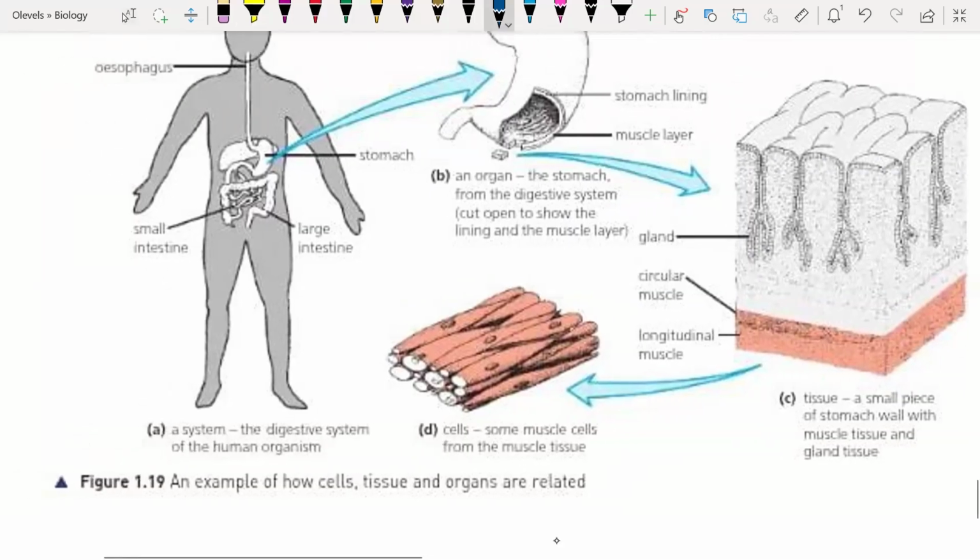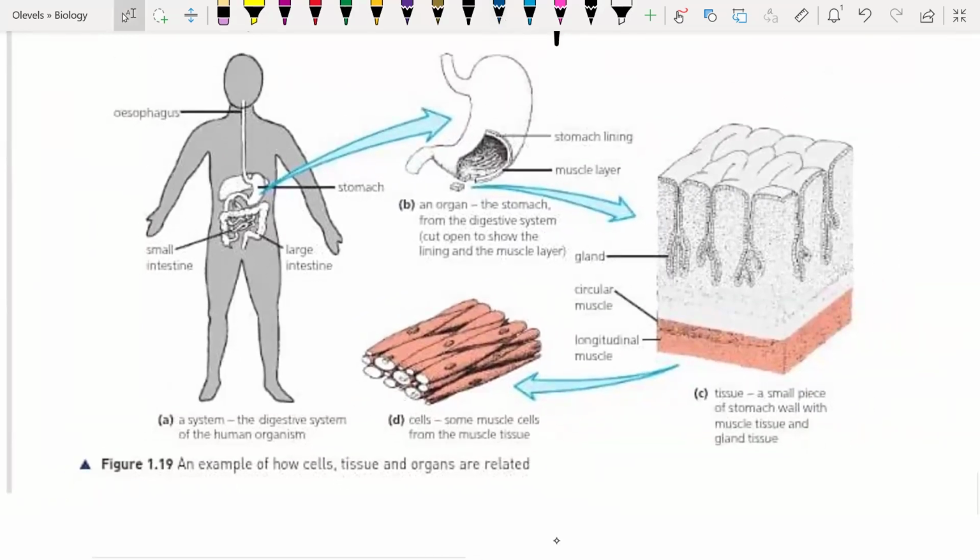Now the diagram, you can see these are the cells, like these are single cells. These are only some muscle cells from the muscle tissue. So you can see this was a whole system, and that system is composed of different organs.